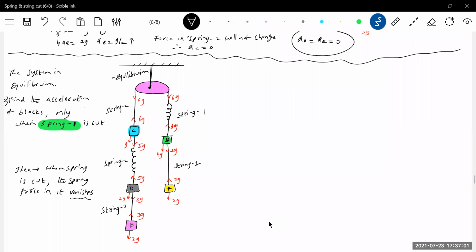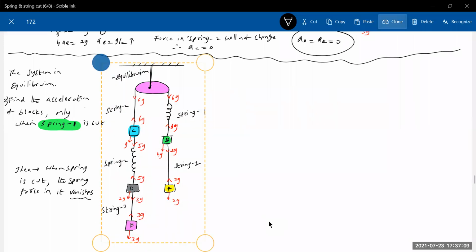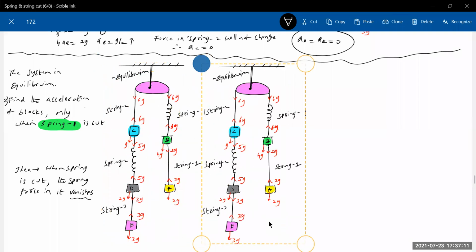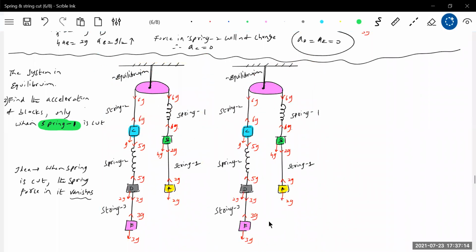So string 2 and spring 1 are very important for us. Let me bring the diagram. Let's show it like this.